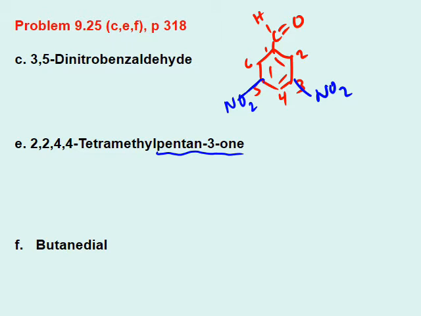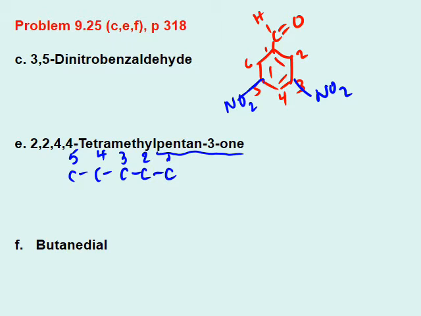So just write down 5 carbon. 1, 2, 3, 4, 5. And I can start numbering from any end, doesn't matter. 1, 2, 3, 4, 5. So I numbered this longest chain.